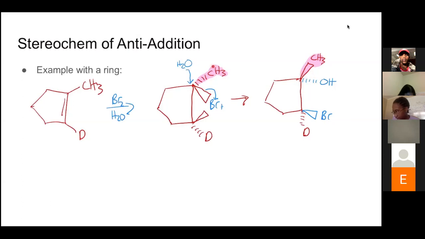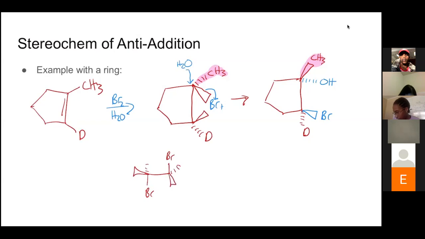We have the CH3 that's on a dash switching to become a CH3 that's on a wedge. And this is because we're using a ring structure. In our alkenes, we're able to show inversion by having one bromine facing completely down opposite in direction from the other bromine. So we can have stuff that looks like this.